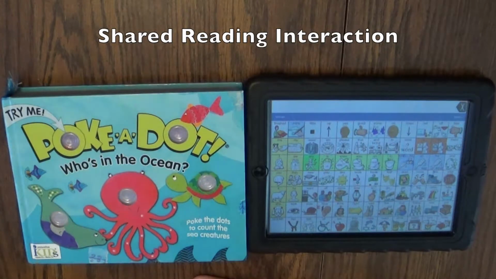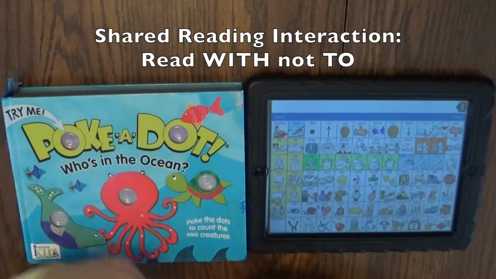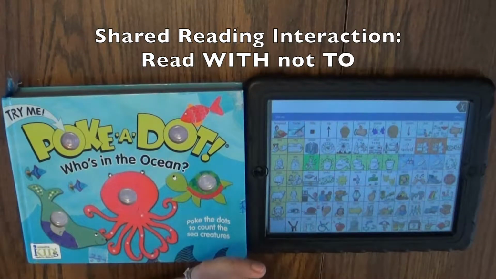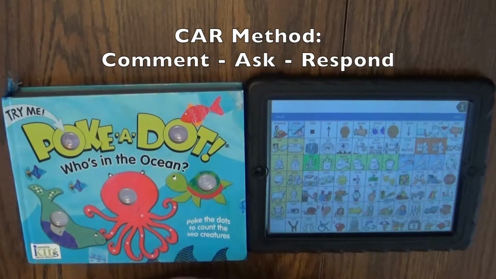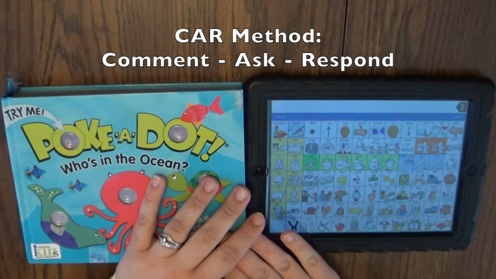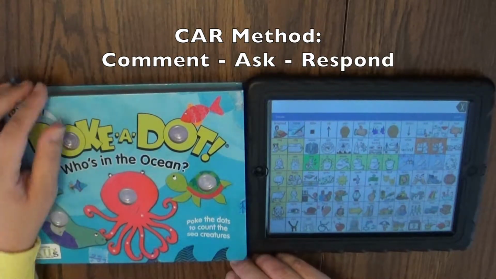Now, in this video, I also talked about how it's a shared reading interaction. A shared reading interaction just means that I'm reading with my son. I'm not reading to him necessarily. I'm going to follow his lead and make it a really rich and engaging interaction. One of the methods that I used in this book was the CAR strategy to make it a very rich interaction with him.